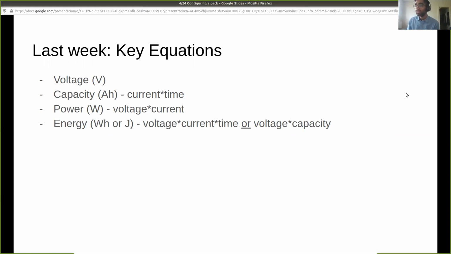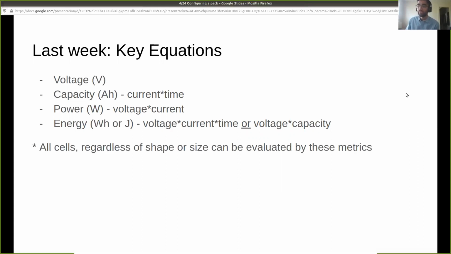Voltage has units volts, capacity is amp hours or current times time. Power is watts, which is calculated by voltage times current. And energy is power times time, so voltage times current times time, or voltage times capacity. They're all the same calculation.